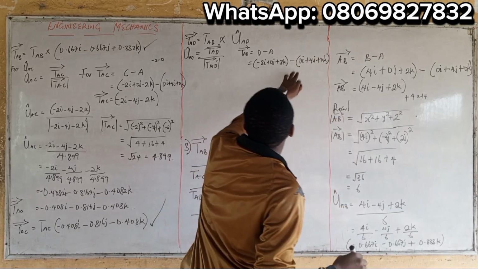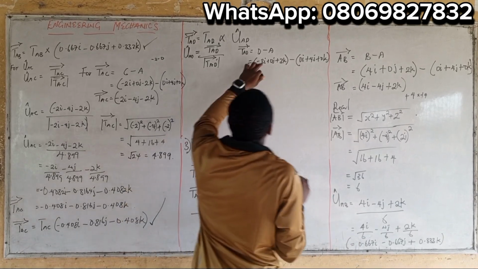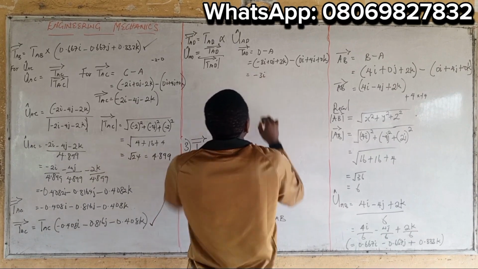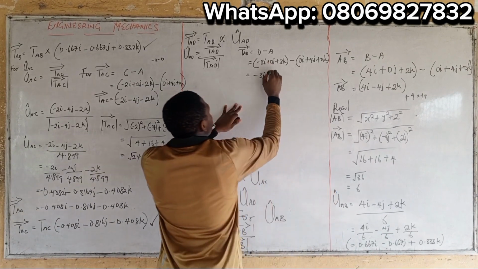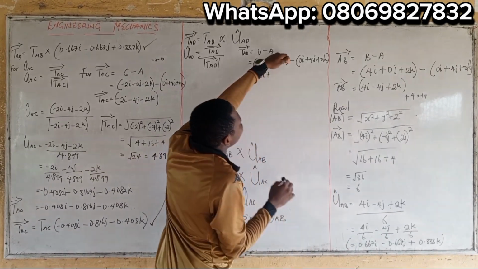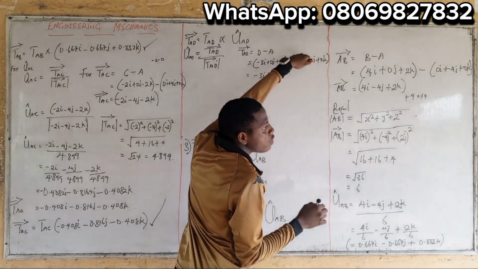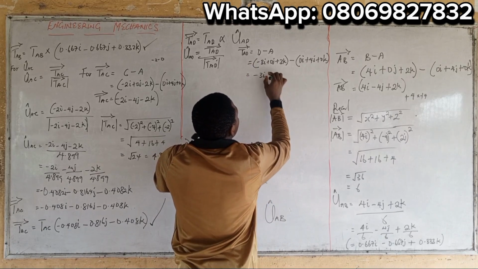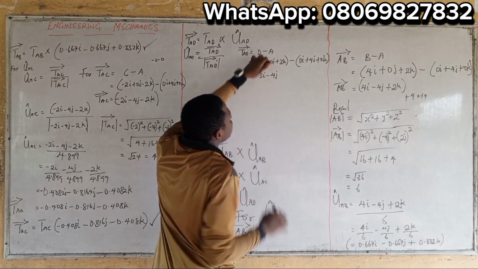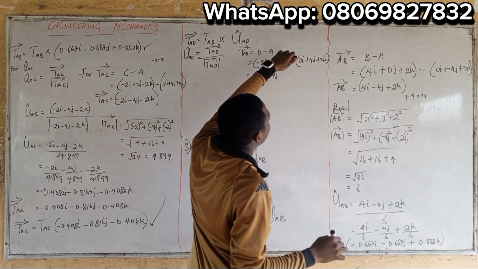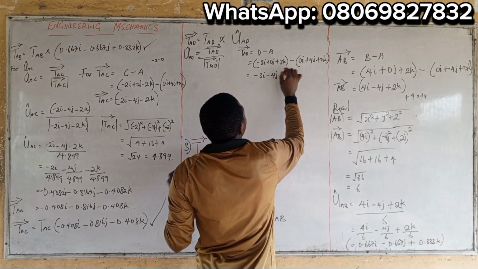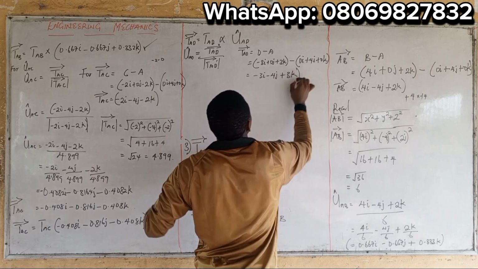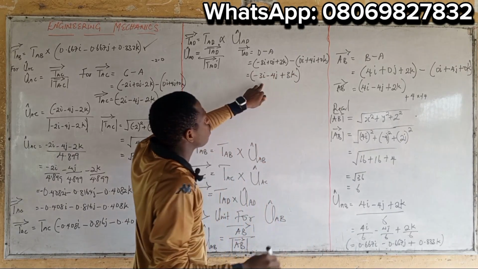If we do this, we arrive at minus 3 minus 0, which is minus 3i, plus 0 minus 4, which is minus 4j, then 3 minus 0, which is plus 3k. So this is the position vector.